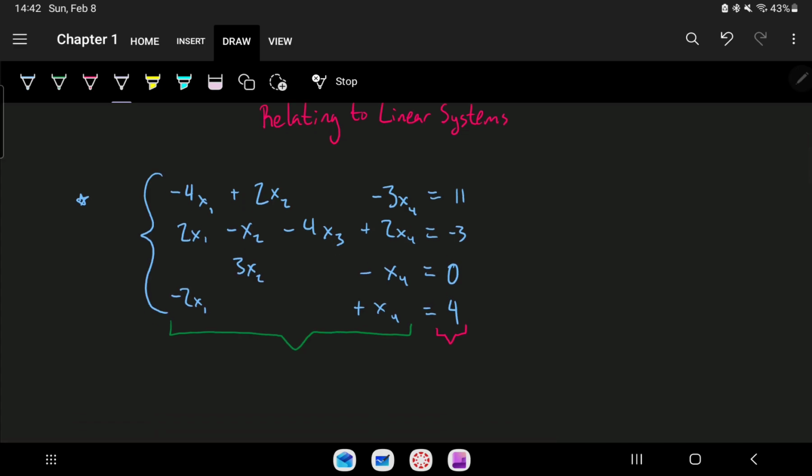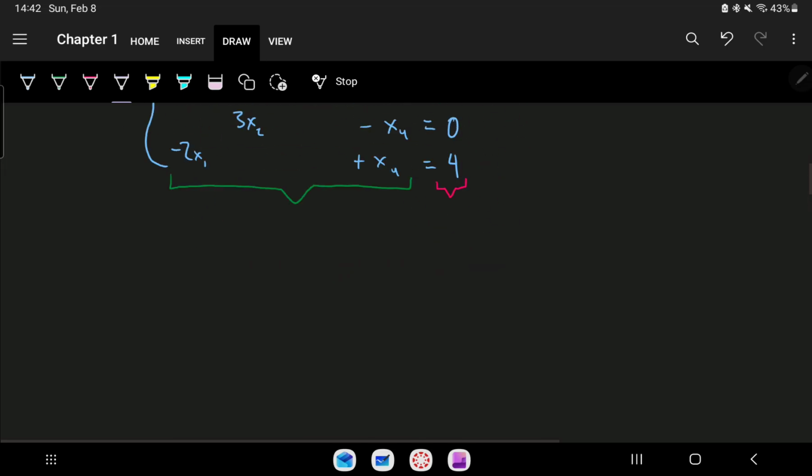And if we look at this, we can notice that the way that this is laid out has a lot of extraneous information. What I mean by that is that all of these variables and the plus and minus signs and the equal signs are giving us structure, but what we really need when we're looking at these is going to be these numbers in front.